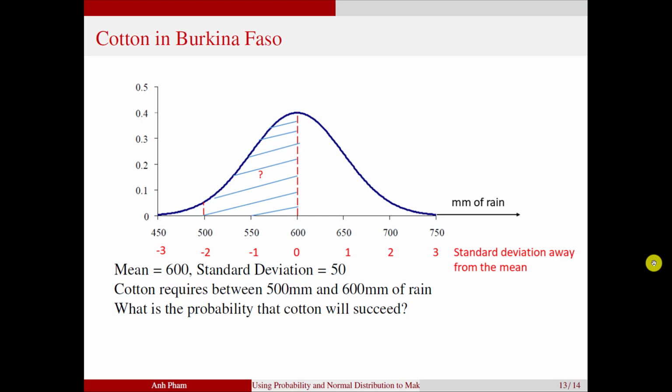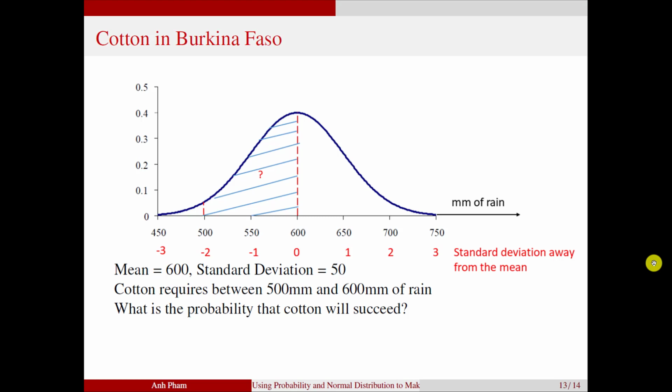Cotton requires between 500 milliliters and 600 milliliters of rain to succeed. So the area that we're going to shade for cotton to succeed is the area between 500 and 600, and we need to find out what this area is in order to know the probability that cotton will succeed.